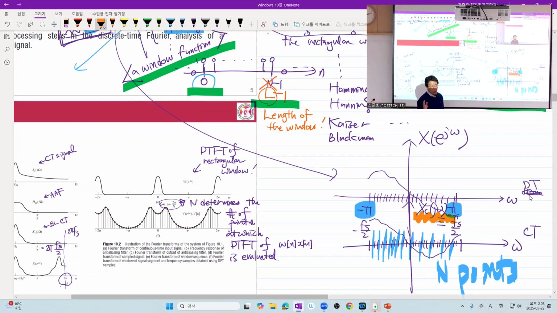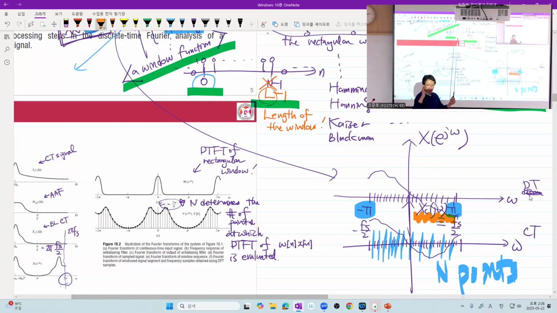Here, the reason why I say roughly is that the anti-aliasing filter may not be strictly band limited. It may introduce a little bit of aliasing, but anyway, so here goes the sampling frequency.